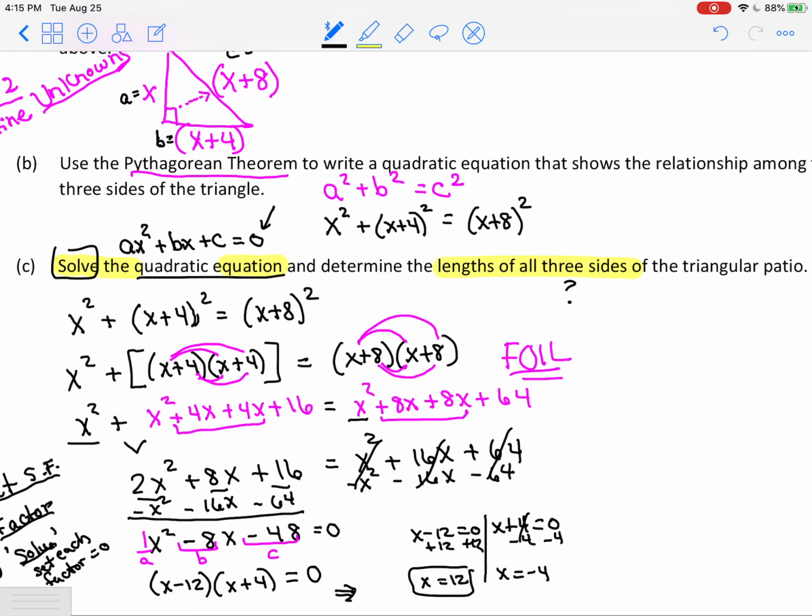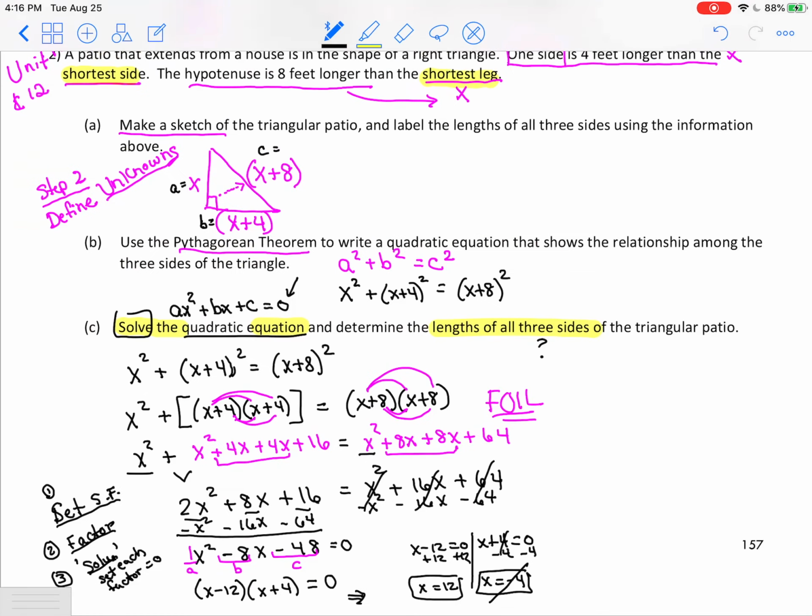And in these application problems, most of the time, you're going to have to make a choice. One of these is going to be appropriate and one is not going to be applicable. And we know that there's no way we're going to have a negative side length to a triangle, so we're going to choose the positive option. All right, so x is equal to 12. So we can go back up here to our sketch.